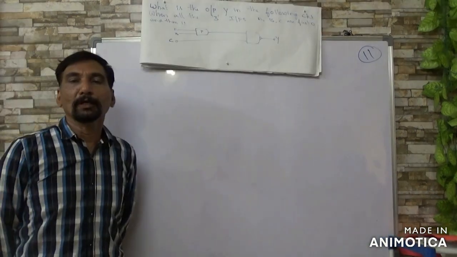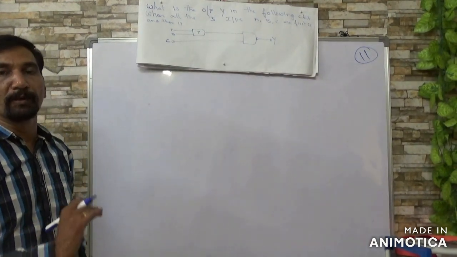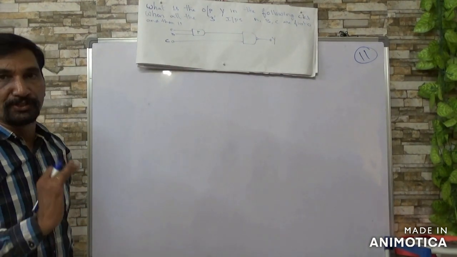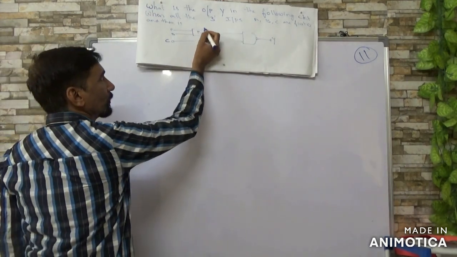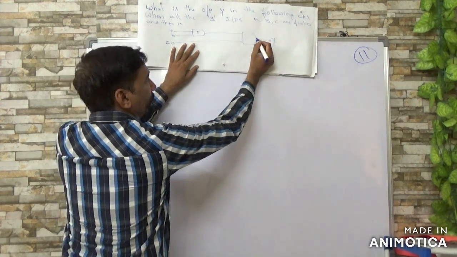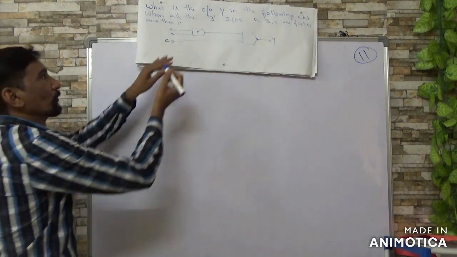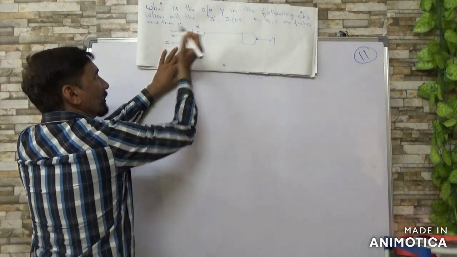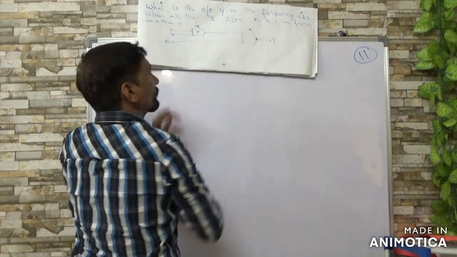Okay. Now about the given problem. In this problem, you have been given two logic gates. An AND gate, and now another AND gate, and you have been given a bubble also. Okay. So you know the AND gate works under the multiplication operation.